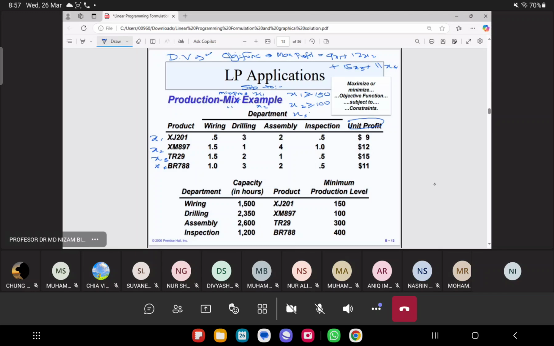X3 must be greater or equal to 300, and X4 must be greater or equal to 400. So that's the first four constraints, which talk about the minimum production level. X1 must be greater or equal to 150, X2 must be greater or equal to 100, and so forth. What other constraints are there?